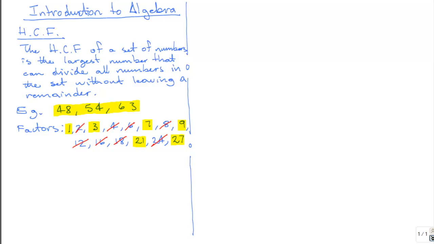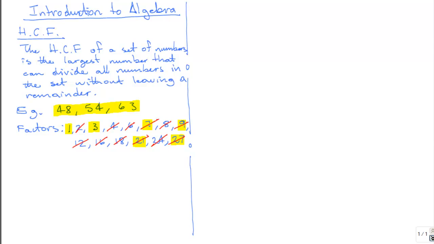Now, are these numbers all factors of our set of numbers? Well, for one, we know that 7 cannot divide into 48, so it also becomes eliminated. 9 does not divide into 48 either. It's not a factor of 48. Neither is 21. Neither is 27. Neither of these numbers are factors of 48.